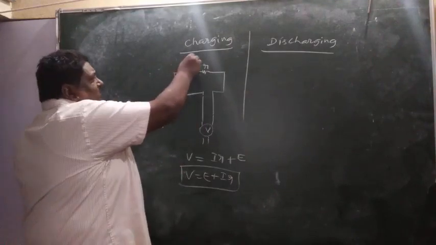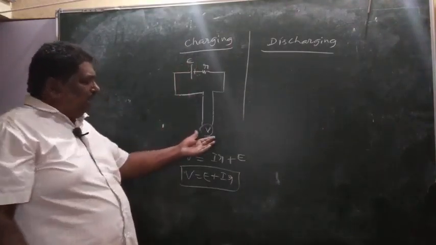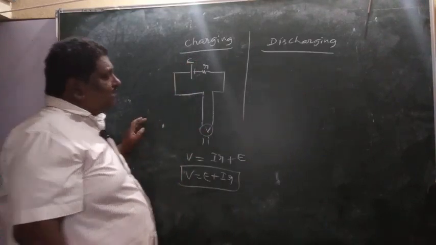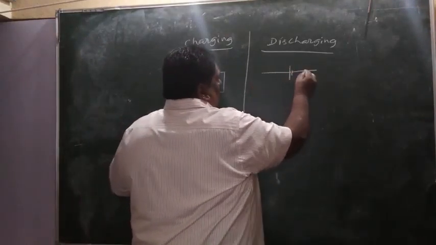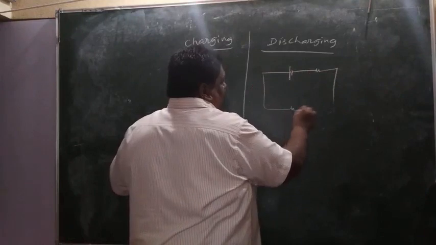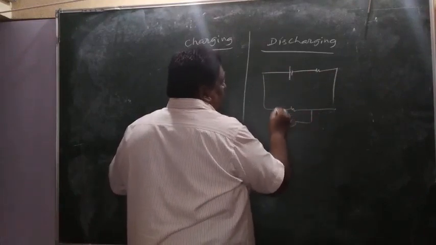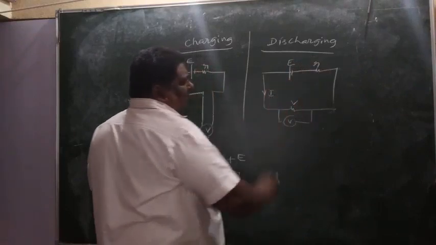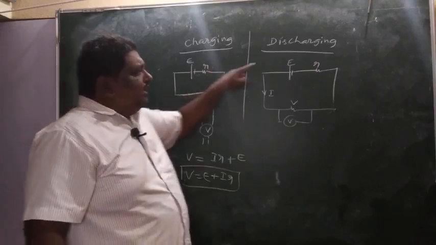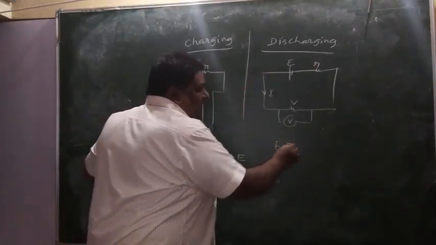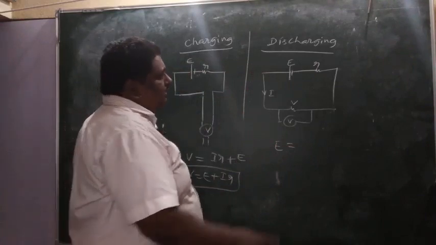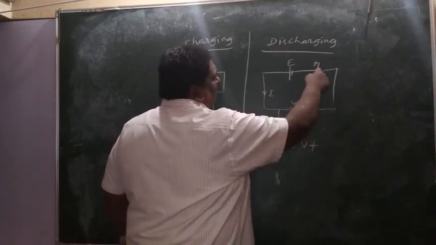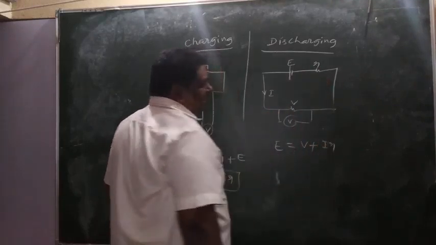When the battery is charging from outside, the external voltage is higher than the EMF. So here EMF is a smaller value. See, higher voltage must be present, then only it can go inside. Okay, so take the discharging case. E we supplied, current I is passing, V is available. How is it utilized? Some part is stored as V. The remaining part is lost at the internal resistance, IR.